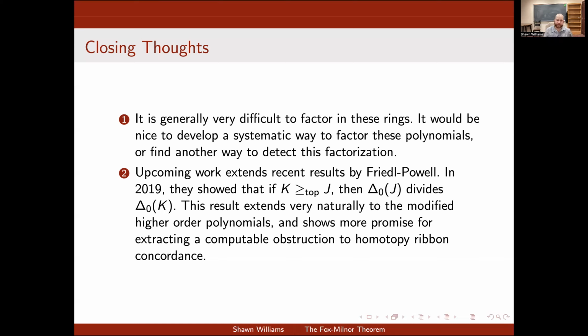In fact, the notion of the modified modules and modified polynomials have their root in understanding homotopy ribbon knots. So this extends very naturally in this case. And in terms of computable obstructions, this shows more promise, as there's a numerical obstruction we can potentially get out of this, rather than a polynomial obstruction that will take a lifetime to actually factor.